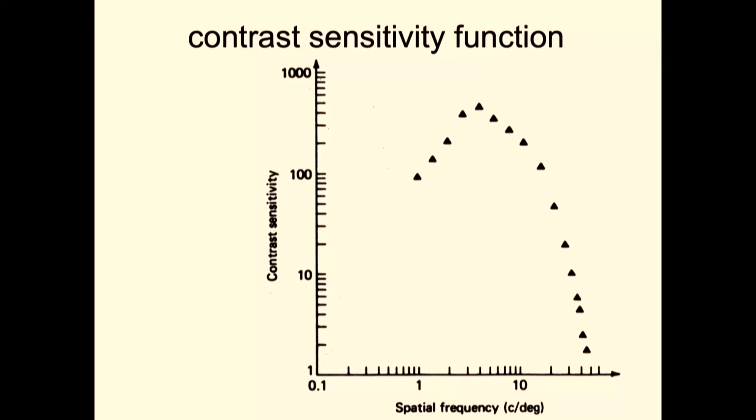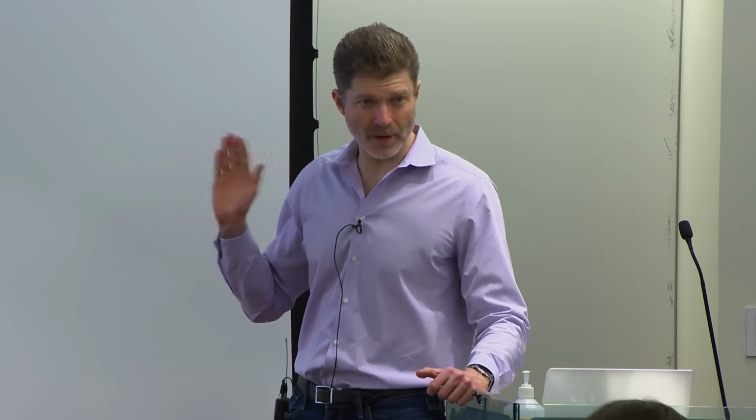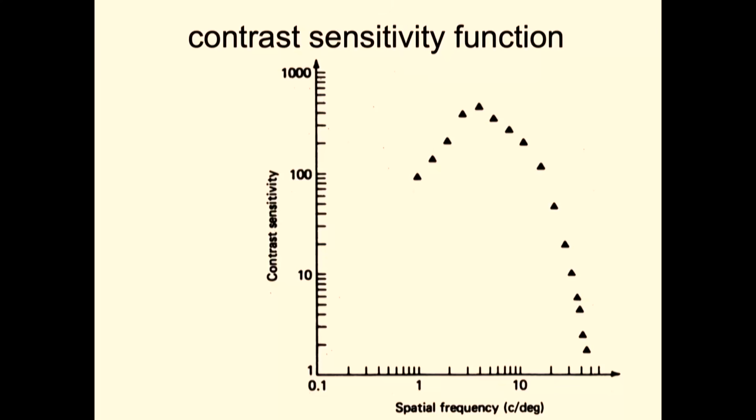All right. So that is what is known as the contrast sensitivity function. The contrast sensitivity function is a function that plots contrast sensitivity as a function of spatial frequency. Remember, sensitivity is 1 over the threshold. So when the number is high, that means your threshold is low.